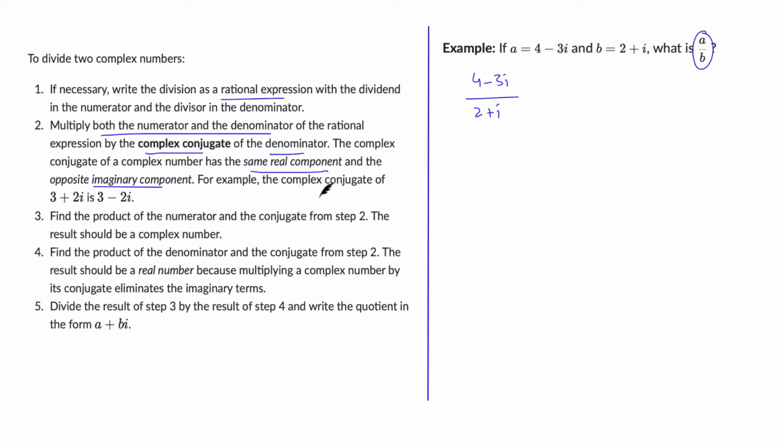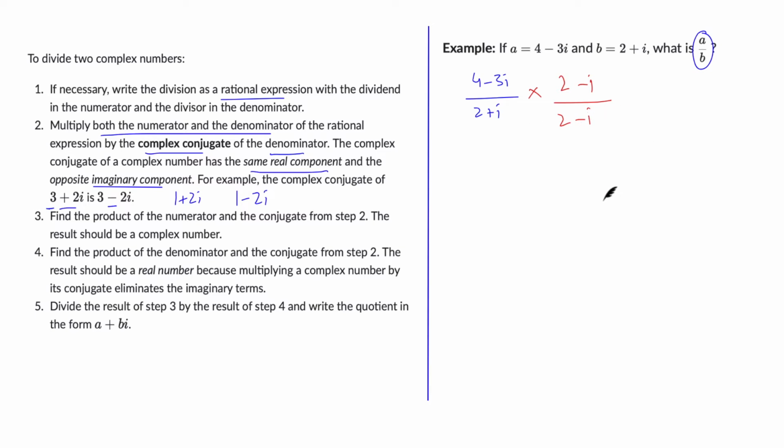For example, the complex conjugate of 3 plus 2i is 3 minus 2i. See, the real component is the same, but we have the opposite imaginary component. Similarly, if you have 1 plus 2i, the complex conjugate will be 1 minus 2i. So you multiply this expression by the complex conjugate, 2 minus i over 2 minus i.